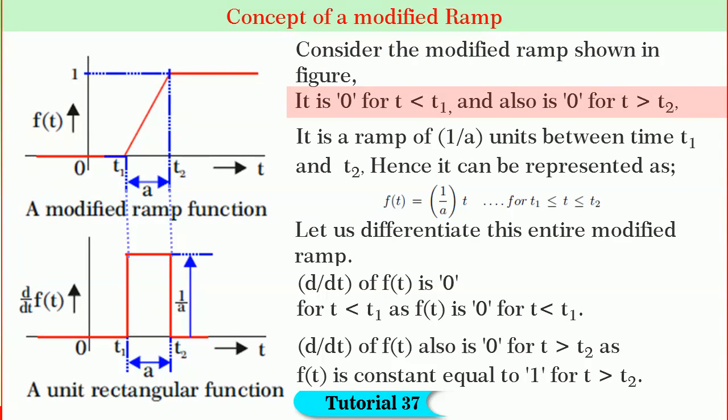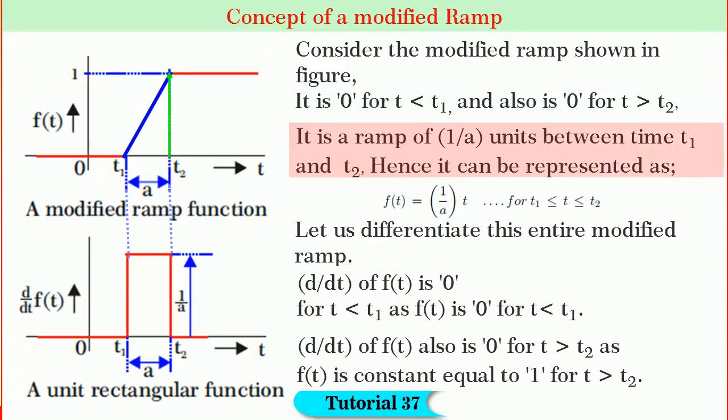It is 0 for t less than t1 and it is 1 for t greater than t2. But it is a ramp of 1 by a units between time t1 to t2. Hence, it can be represented as f of t is equal to 1 divided by a into t for t between t1 to t2.